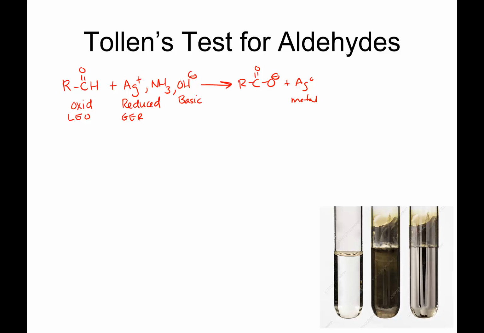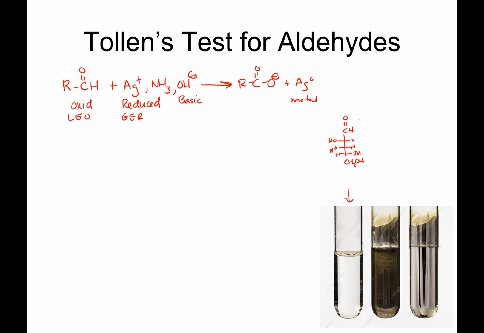So if you look down here and on the video, the first is just a solution of basically a sugar. You could use dextrose for this. You have the open chain form of the sugar with all of the OH groups. I probably haven't put enough in, but you get the idea.